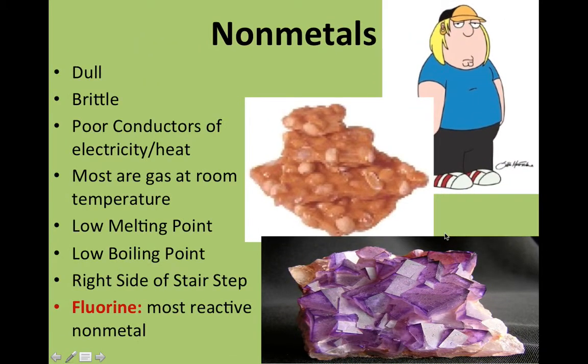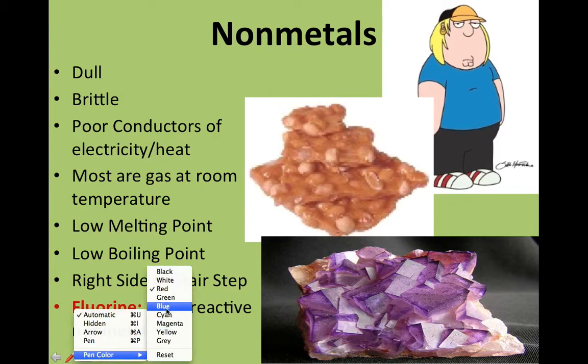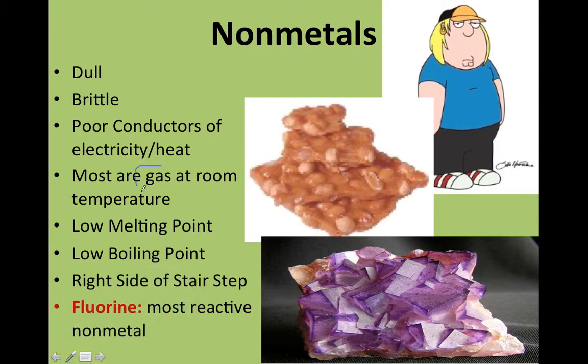Now nonmetals basically are dull. They're brittle, they're going to break easy. They're poor conductors. They're mainly gases. So the key thing to remember here is that nonmetals are a gas at room temperature. Low melting point, low boiling point. So therefore, sugar is a nonmetal compound, and if you put sugar in the oven, it's going to burn, char real quick.